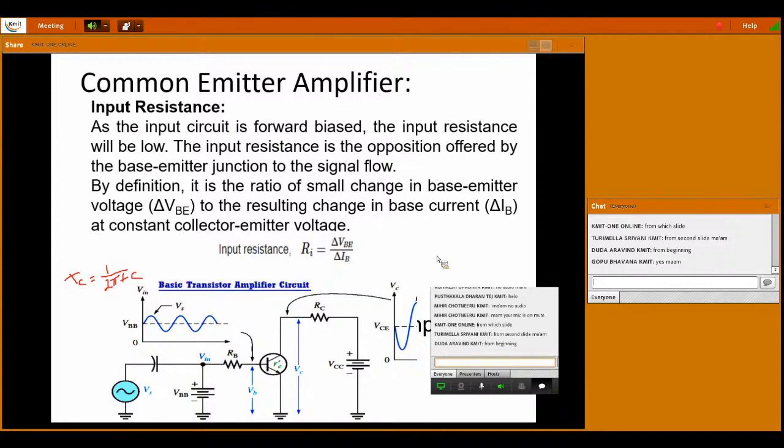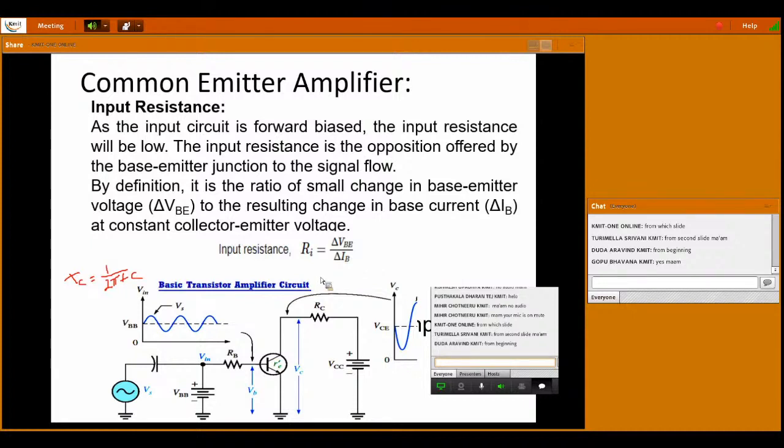Right. So now we have here an amplifier, and we have to note down some characteristics of the amplifier, which include the input resistance, output resistance, current gain, voltage gain, and power gain.